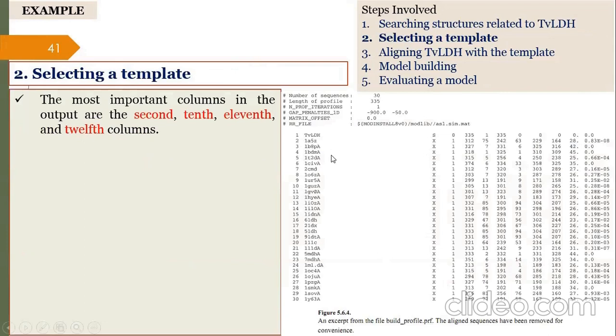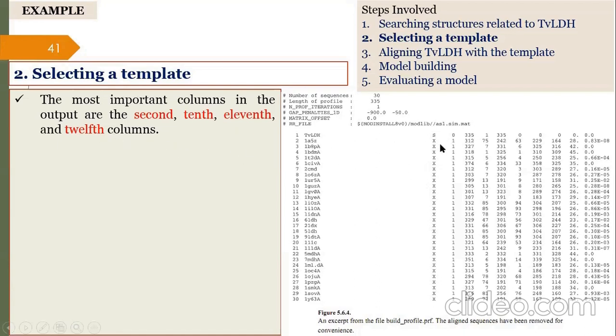In the log file, the most important columns in the output are the second, the 10th, the 11th and the 12th columns.